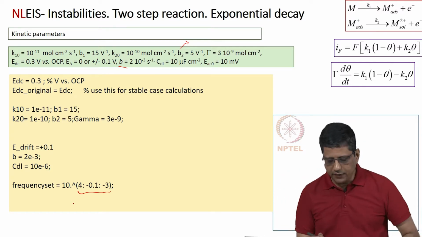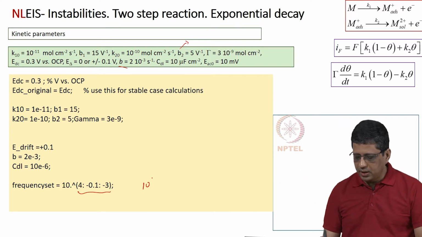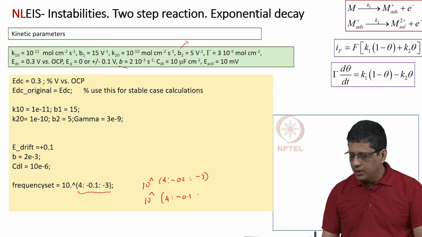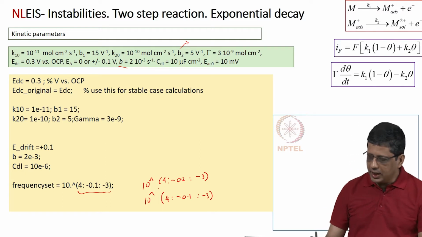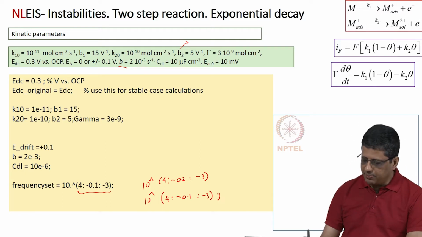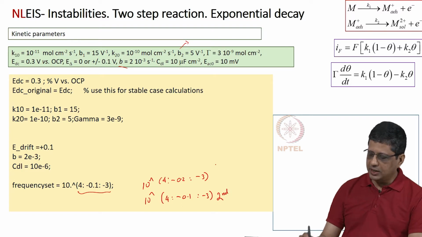So, if I do one set of experiments with 10 power 4, 5 frequencies per decade, and another set with 10 power 4, 10 frequencies per decade, it will take longer time for us to complete the second experiment, and it will be faster to complete the first.